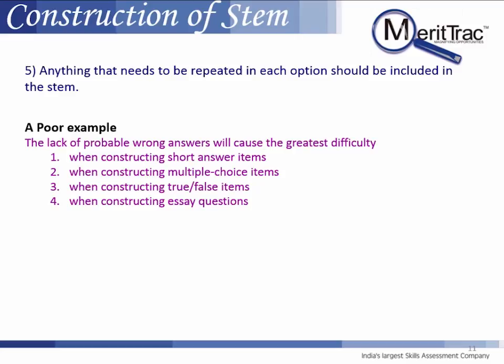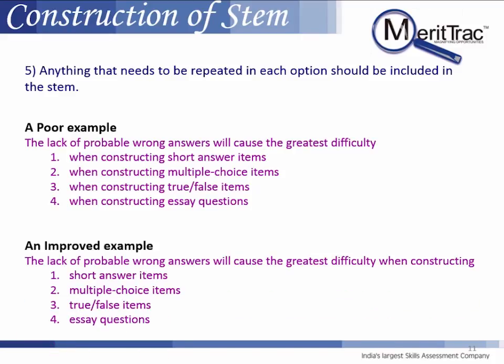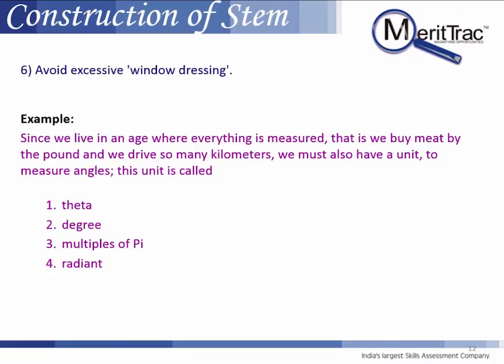It's not difficult to understand that this common phrase has no bearing in finding the right answer, because that's common to all the 4. So, it's better if you can put that in the stem itself, and that's what we have done in the improved example down below.